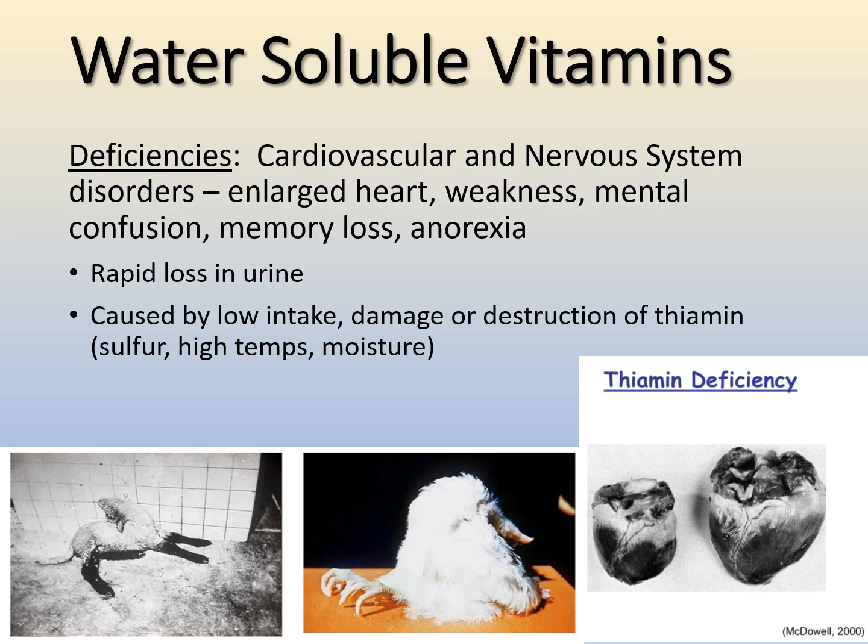Either sulfur, high temps, or moisture can damage or destroy thiamine. You would think you should get a lot because it's in most foodstuffs, but if you damage or destroy the thiamine in the foodstuffs, then you're not getting the amount that you need, and then you can see a deficiency.